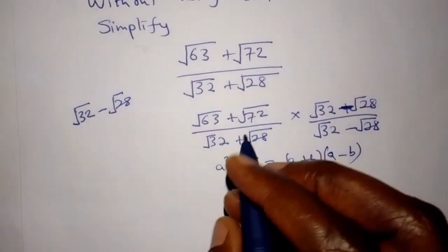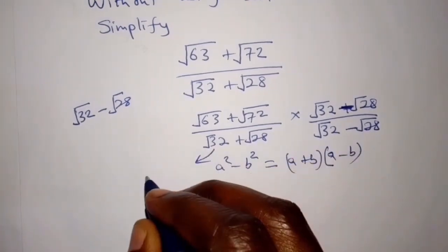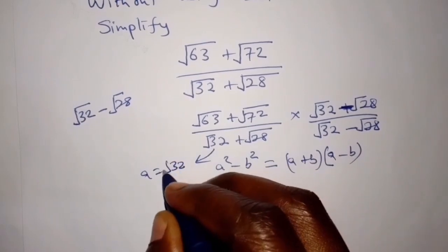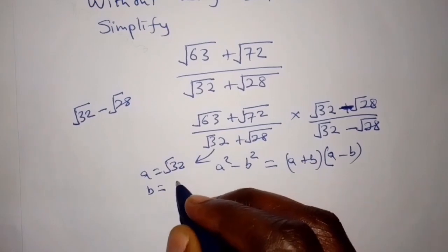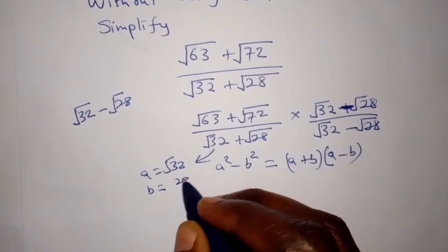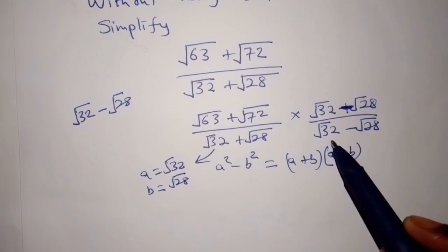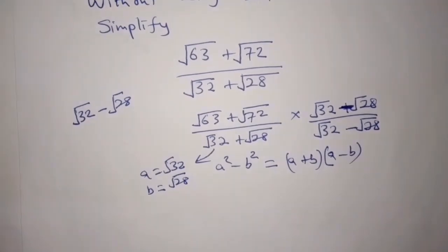So our a here is the square root of 32. Our b is the square root of 28.